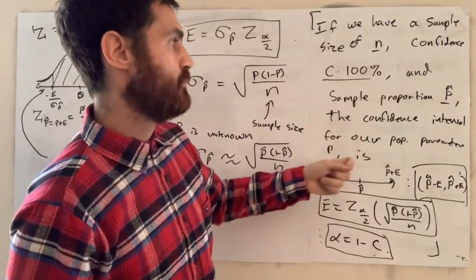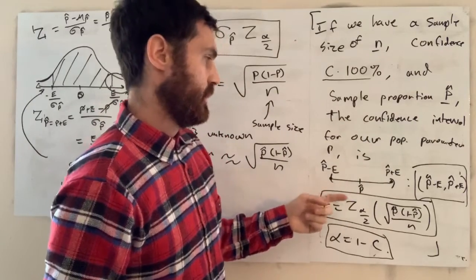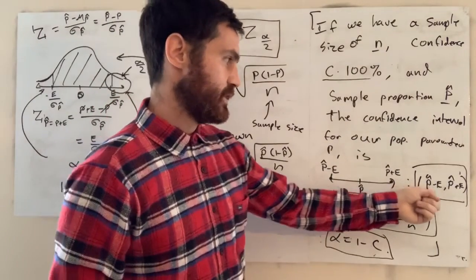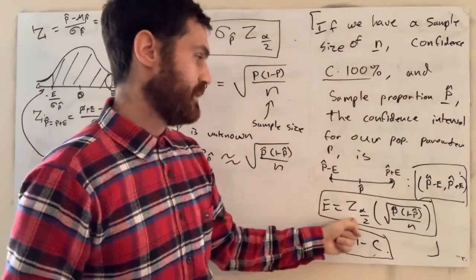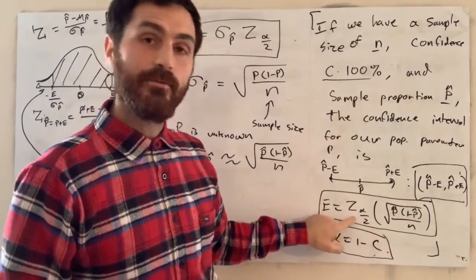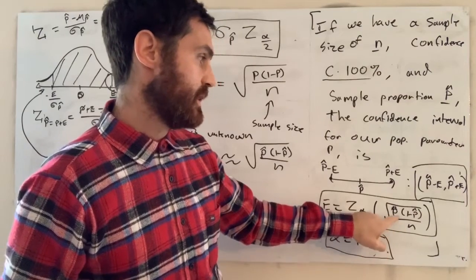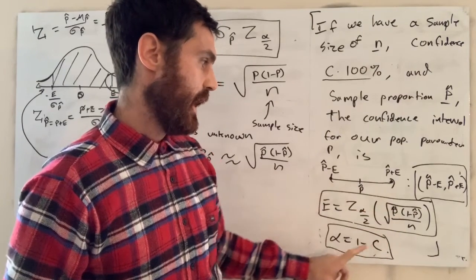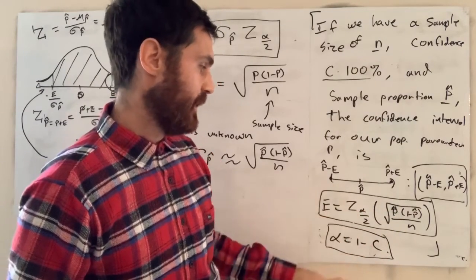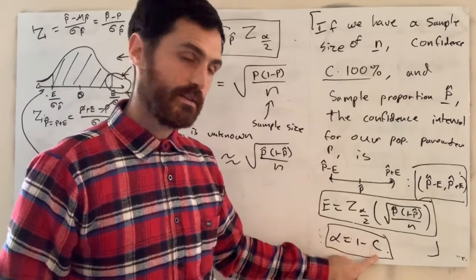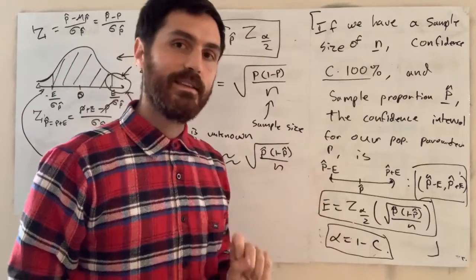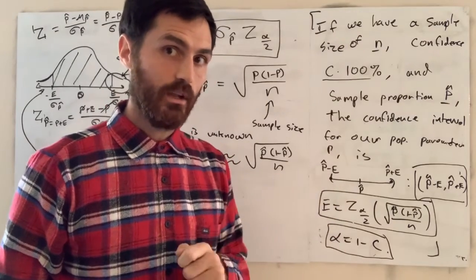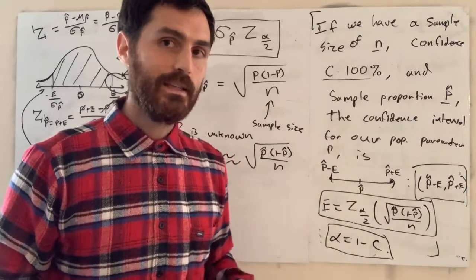And so the confidence interval is just p hat minus E, p hat plus E, where E is computed this way. We can find these different values because we know what they are, and we can find alpha because we're given the confidence. And once we find alpha, we can figure out what that z value is using tables or technology. So we're going to come back and see that in a second.